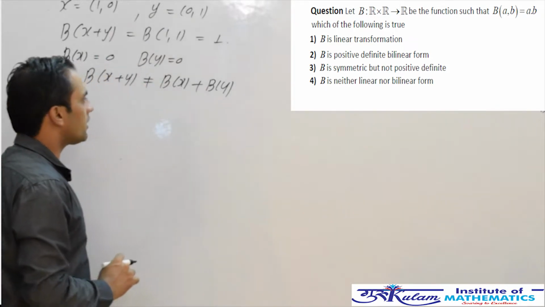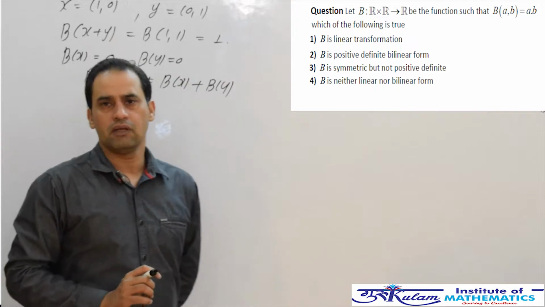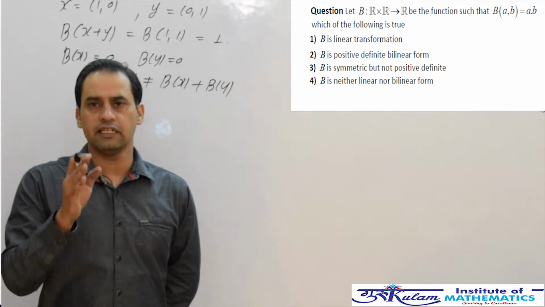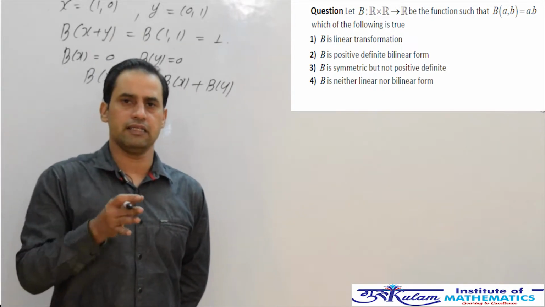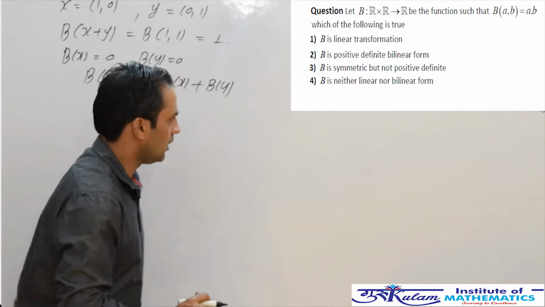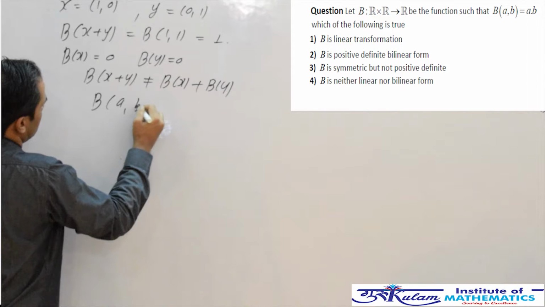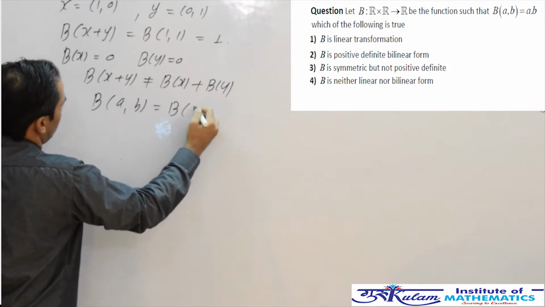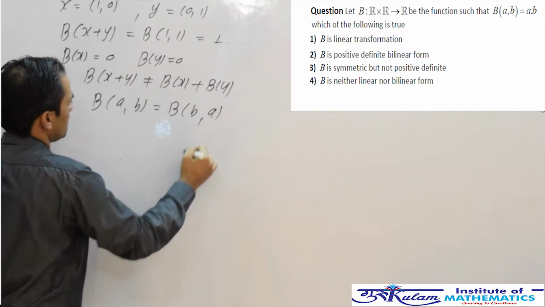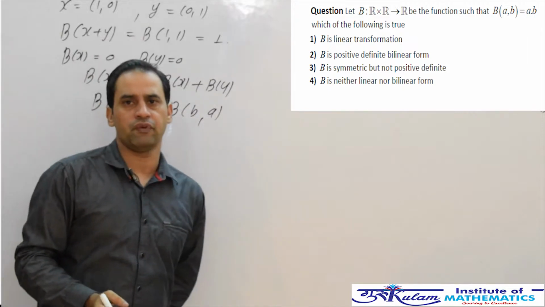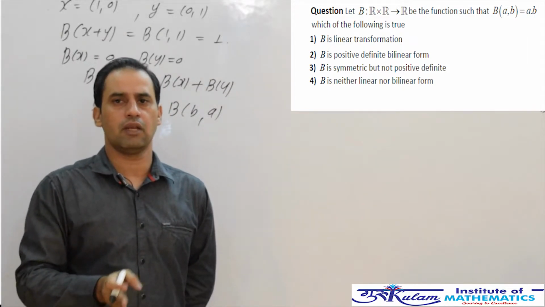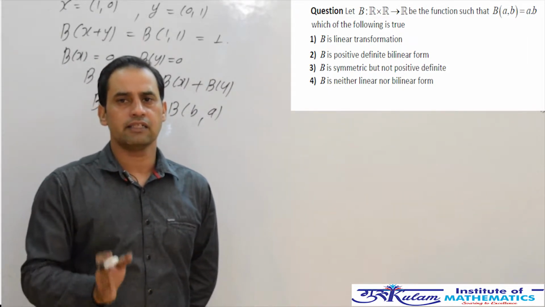Now for bilinear form, we have to identify whether it is linear in the first component and linear in the second component or not. Since B of (a, b) is the same as B of (b, a), this function is symmetric. If it is linear in the first component, definitely it is also linear in the second component.